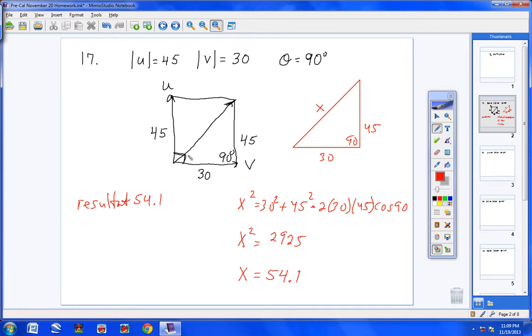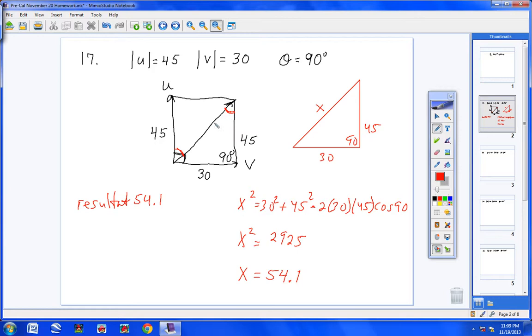Now they've asked us to find the angle between the resultant and vector u. So this angle right here, okay? Now we already knew the whole angle is 90 right here, okay? So let's take a second and think about this, okay? Let's think this through very quickly. It's not too hard to do, okay? If I'm trying to find this angle right here, that would be the exact same angle as this angle right here.